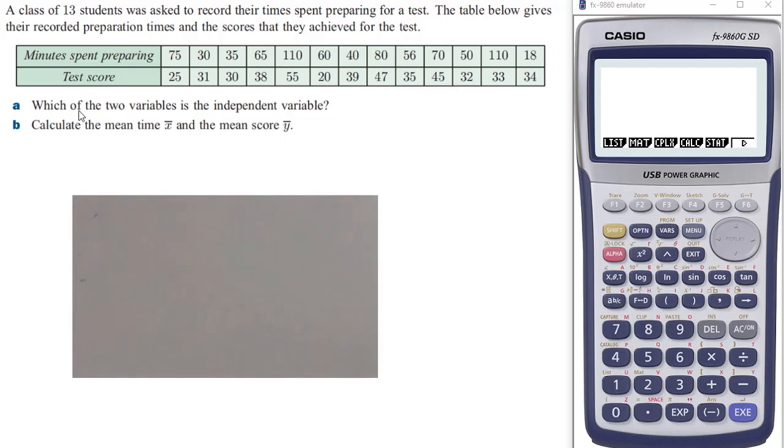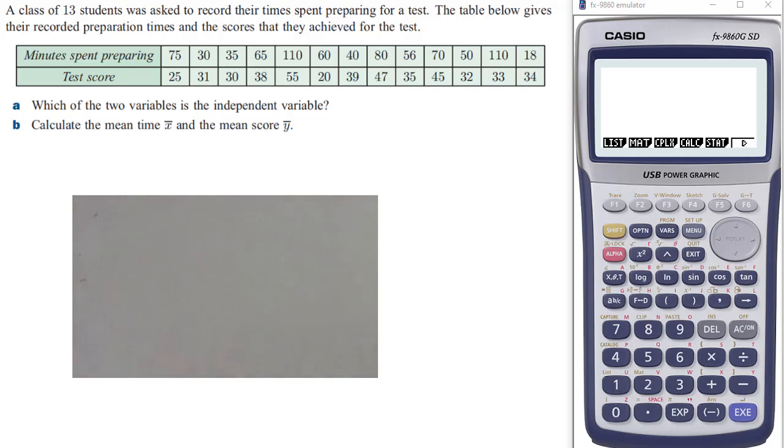So first question, which of these two variables is the independent variable? In a scatter graph, which this would lead into, we're looking for an association between two variables. You have an independent variable and a dependent variable. If you just think about it logically, is the test score dependent on the minutes spent preparing for the test, or are the minutes spent preparing for the test dependent on the score?